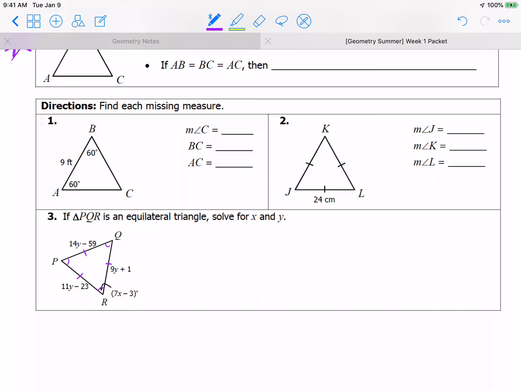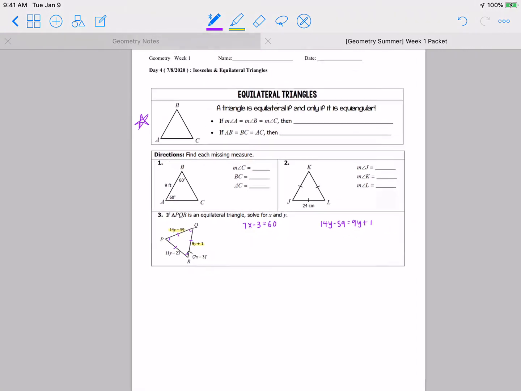So we can take our angle, 7x minus 3, and that equals 60 degrees. Then we have our three sides, they're all the same. So just randomly take two sides and set them equal to each other. We can take our 14y minus 59 and set it equal to this one. So 14y minus 59 equals 9y plus 1. You go ahead and finish the rest of the math from there.